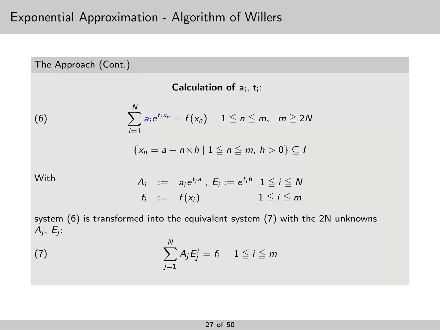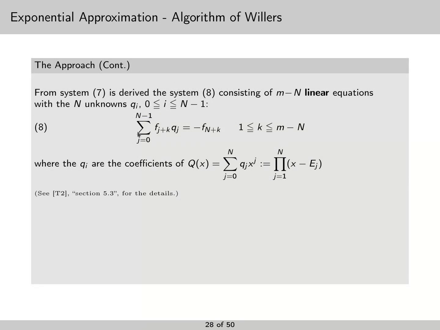From this system can be derived system 8 of m minus n linear equations with n unknowns q_i, which are the coefficients of the polynomial with n zeros capital E_j. This derivation involves non-trivial reasoning. You find the details in reference T2.